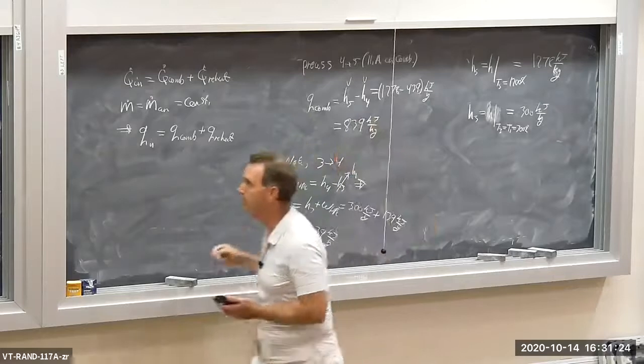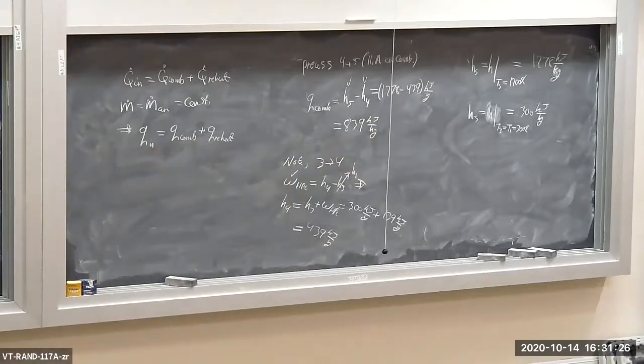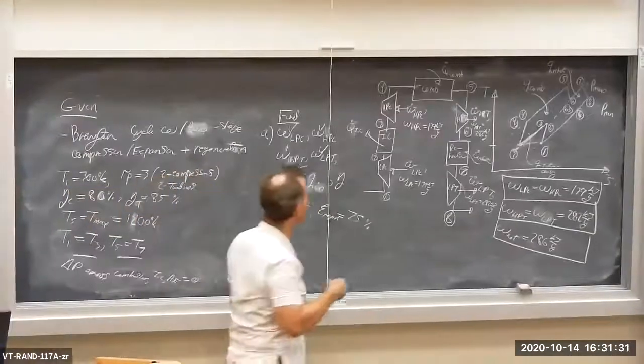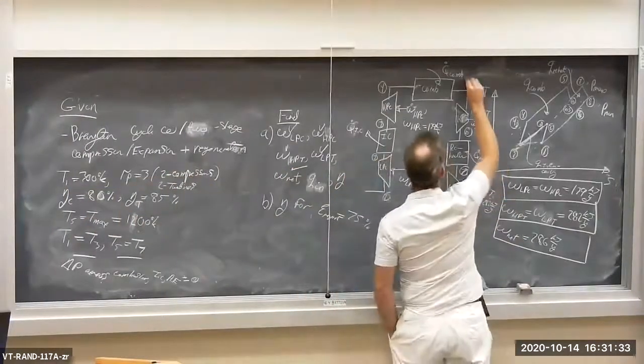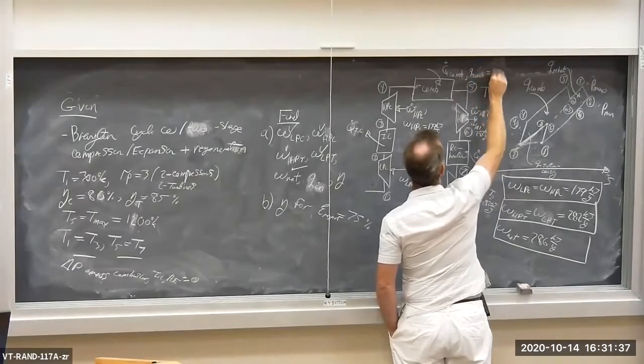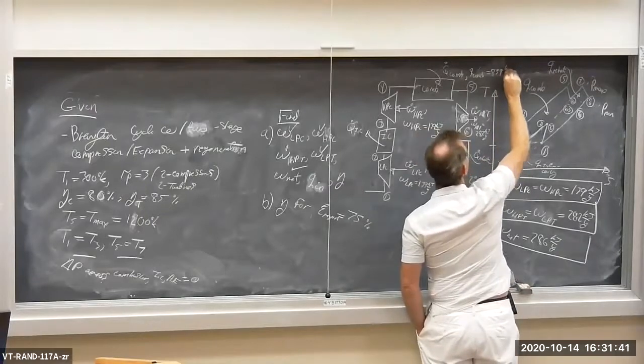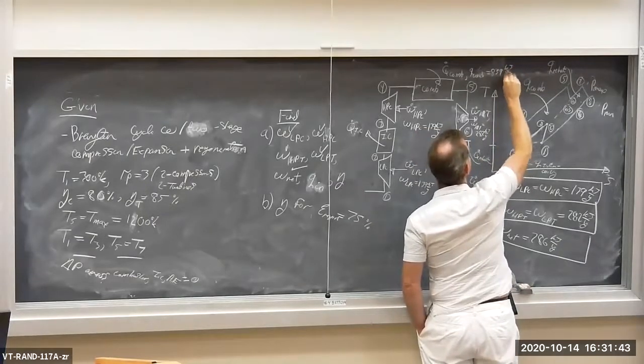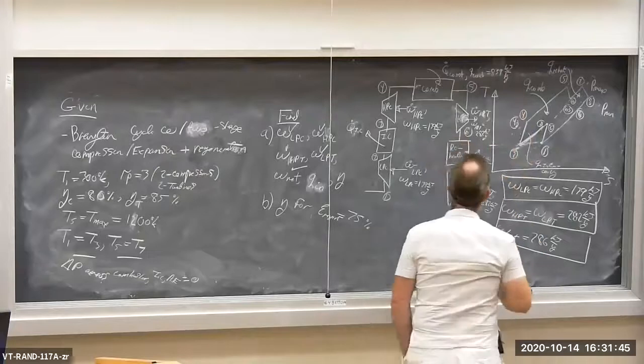So I'm going to put that down in my diagram here. 839. So Q combustor equals 839 kilojoule per kilogram. Okay, good, I got that.